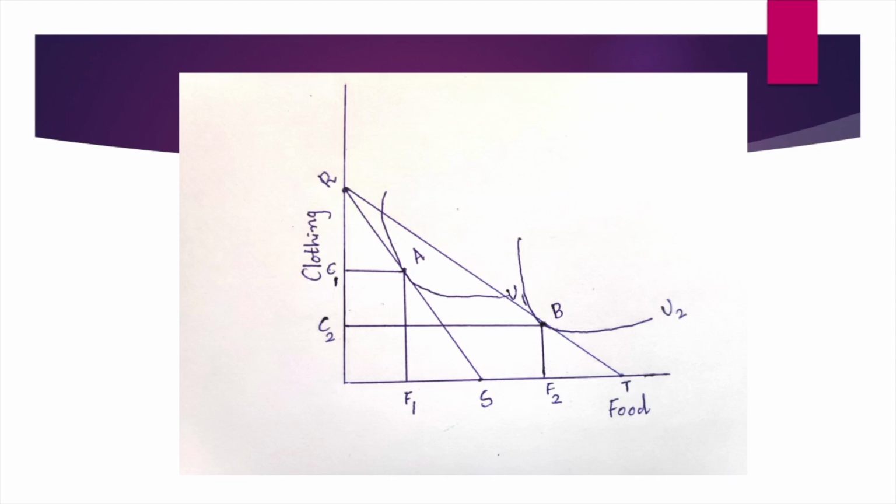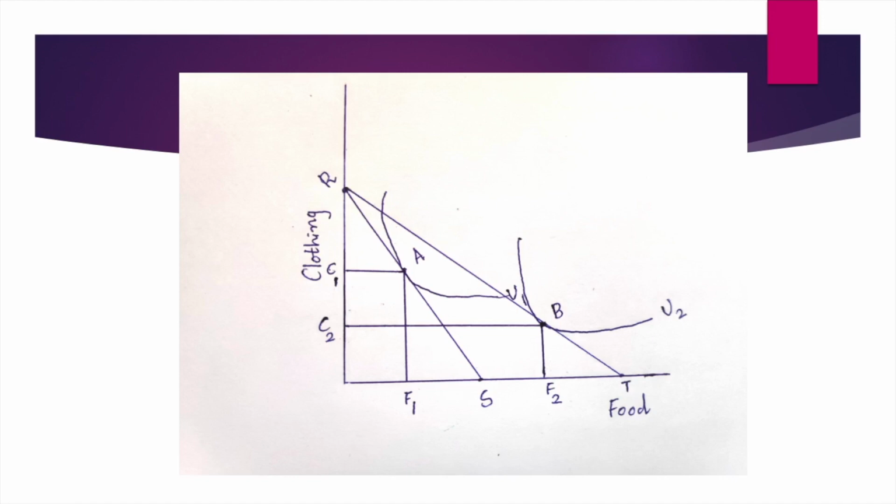At the budget line RS, the consumer maximizes utility by choosing the market basket at A, thereby obtaining the level of utility associated with the indifference curve U1. He therefore purchases C1 units of clothing and F1 units of food.